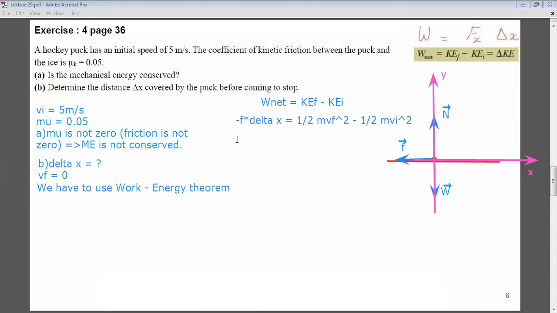Now, friction, they give me mu, so I will do exactly like I did in the previous exercise. So mu times N times delta x is equal to, what is V final? It is 0. So this is gone. So I will be left with minus half mv initial square.